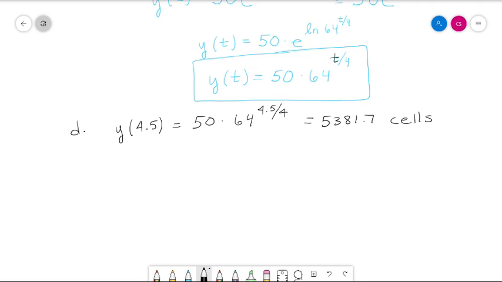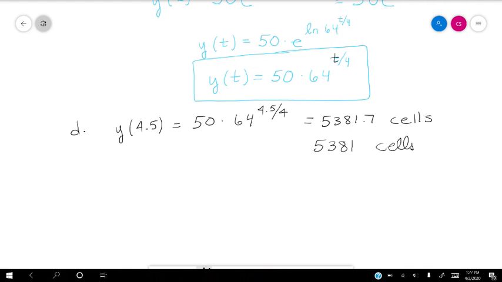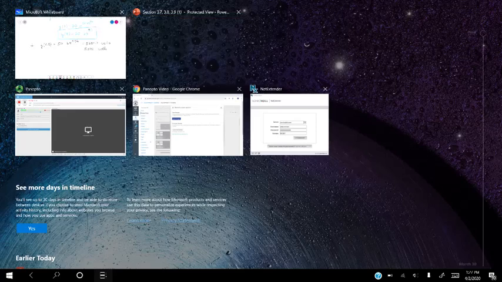And I would accept that as an answer. But if we're in between cells, that means we're almost going to make another cell, but not quite. So I'm going to assume we have to have integers for cells. So I'm going to say we're still at 5,381. Okay? All right. But I would accept either answer.